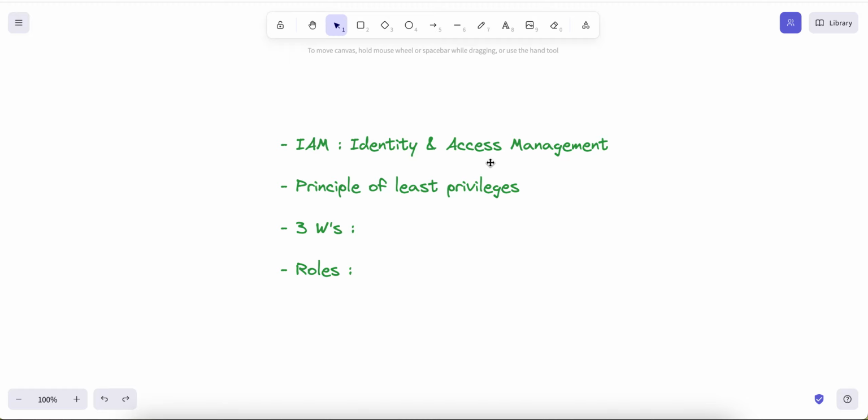And it is very, very important at an organization level to identify and define the policies and permissions for a particular role.